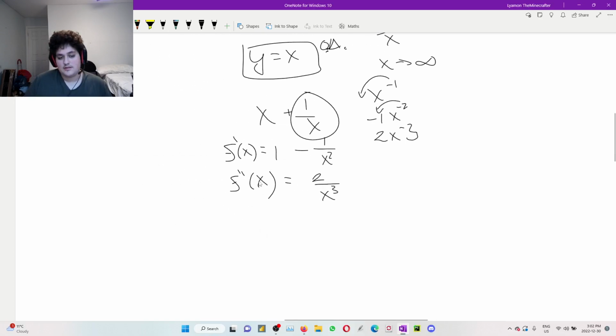So we want to see where the derivative and second derivative either don't exist or equal 0. They both don't exist when x equals 0, but that's not in the domain of our original function, so they're not really critical points or possible points of inflection. But we can look for when it equals 0.